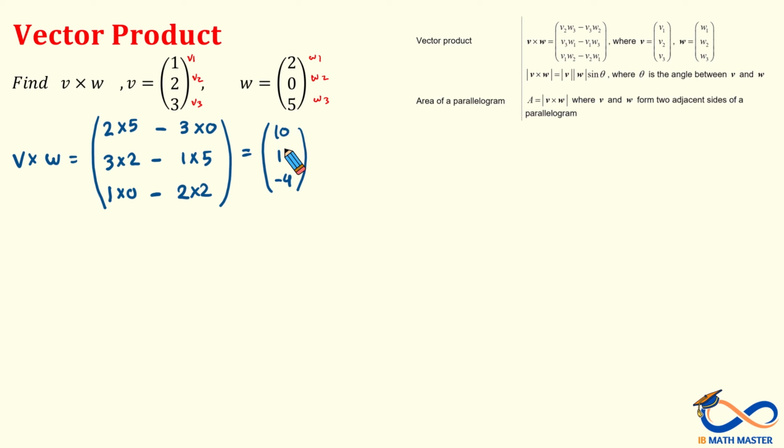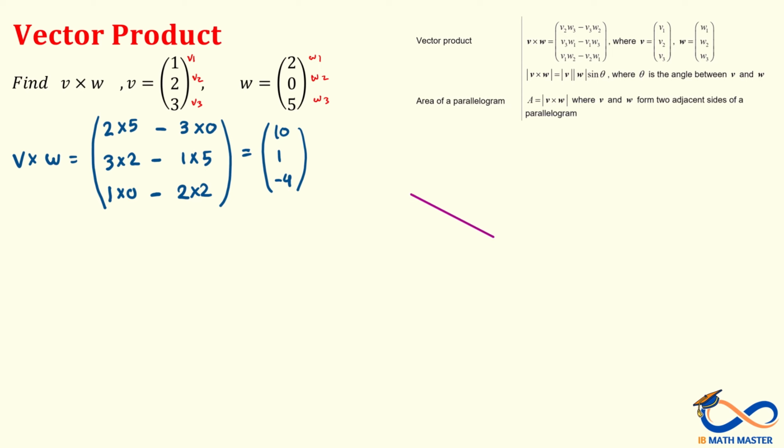So here now we have a very important point about the vector product. As you see, when we multiplied v by w, we got a new vector. The important idea is that the new resultant vector from the product will always be perpendicular to the original vectors v and w.